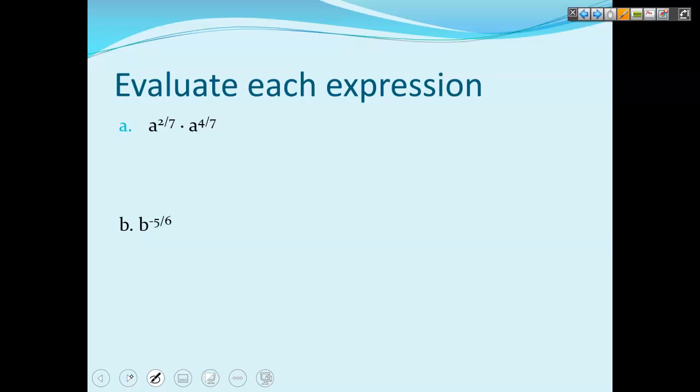You multiply when it's a power to a power. So a to the 2 sevenths times a to the 4 sevenths is equal to a to the 2 sevenths plus 4 sevenths, or a to the 6 sevenths.